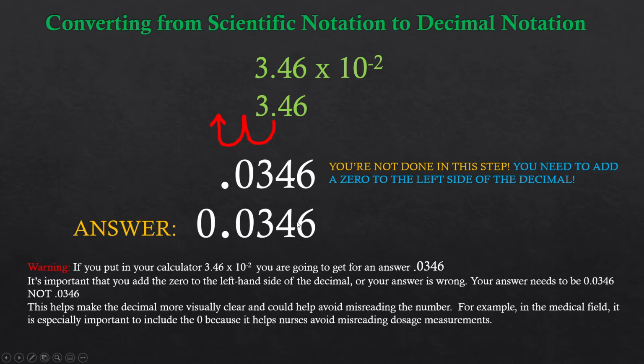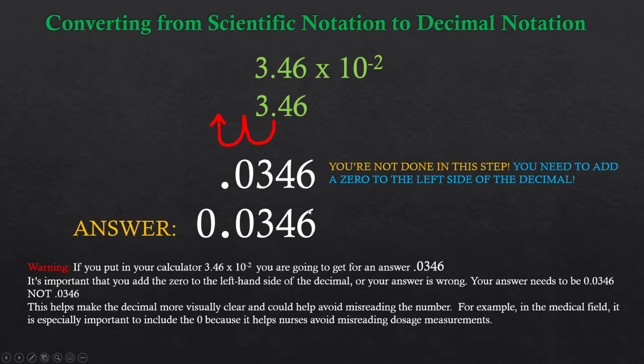So, also keep another thing in mind. Whatever amount of sig figs that you start out with, that's the same amount of sig figs that you need to have in your final answer. Notice that we have 3 sig figs in this number.